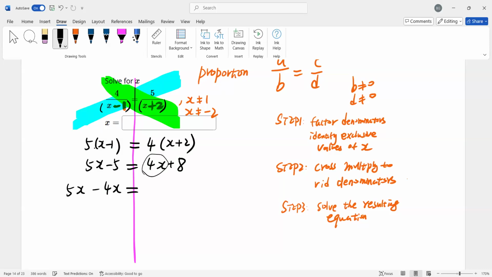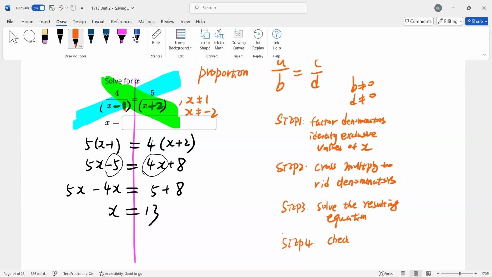Move 4x over, positive becomes negative. And move this -5 over, negative becomes positive. All right, 5x minus 4x equals 8 plus 5. 5x minus 4x is x. 8 plus 5 is 13. Not done yet.